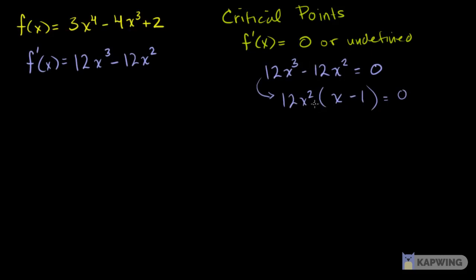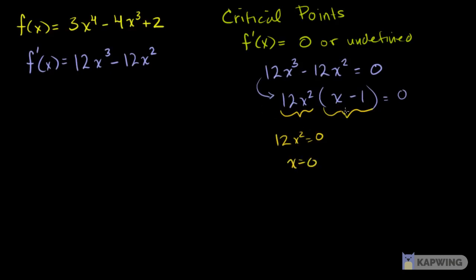So the reason why I did that is because to solve for 0, or if I want all of the x's that make this equation equal to 0, I now have written it in a form where I'm multiplying one thing by another thing. And in order for this to be 0, one or both of these things must be equal to 0. So 12x squared equal to 0 means that x is equal to 0 will make this quantity equal 0.